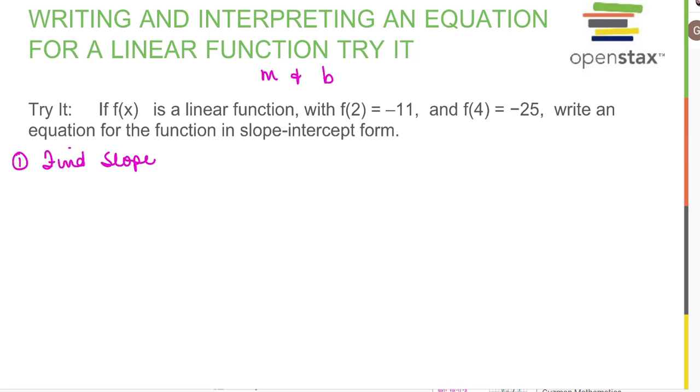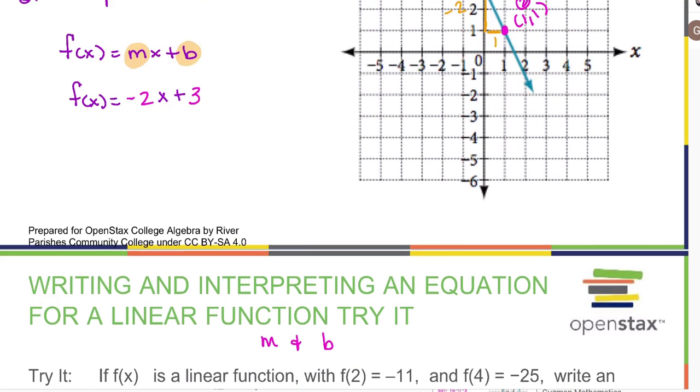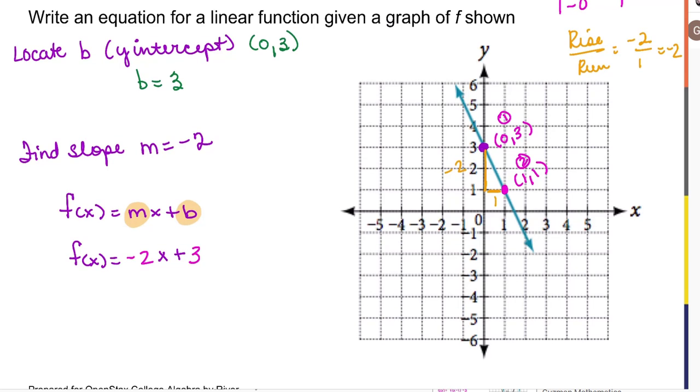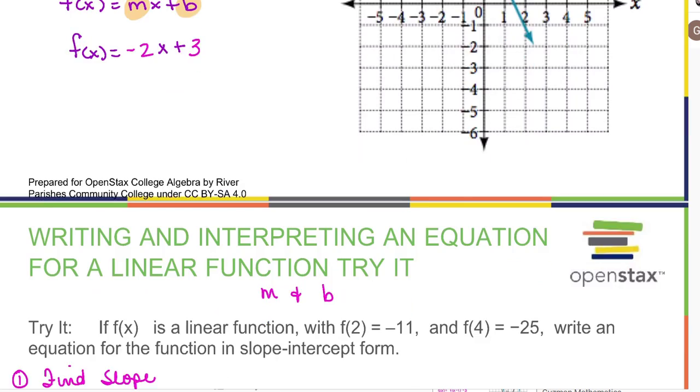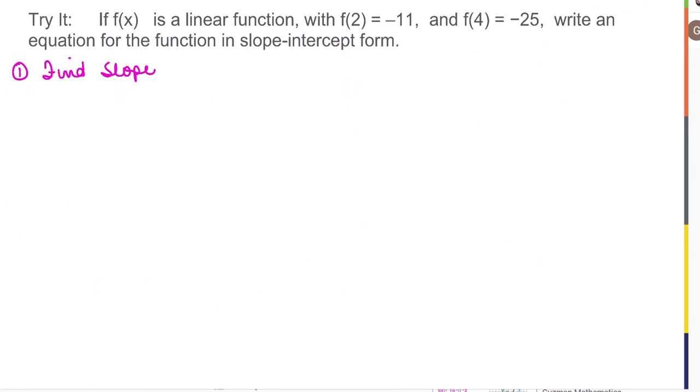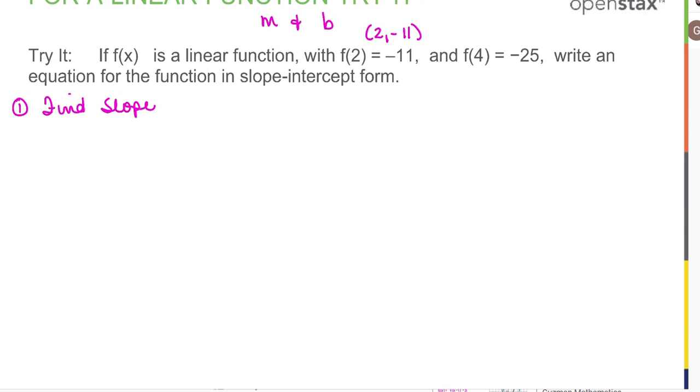I started with finding the y-intercept on the last one because I could see it. But with this one, we can't see the y-intercept, so we're going to start by finding the slope. Now the two points are (2, negative 11) and (4, negative 25).